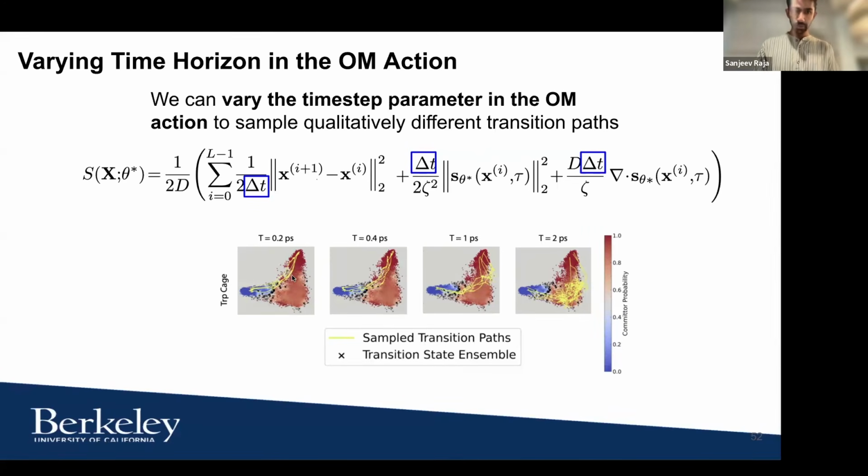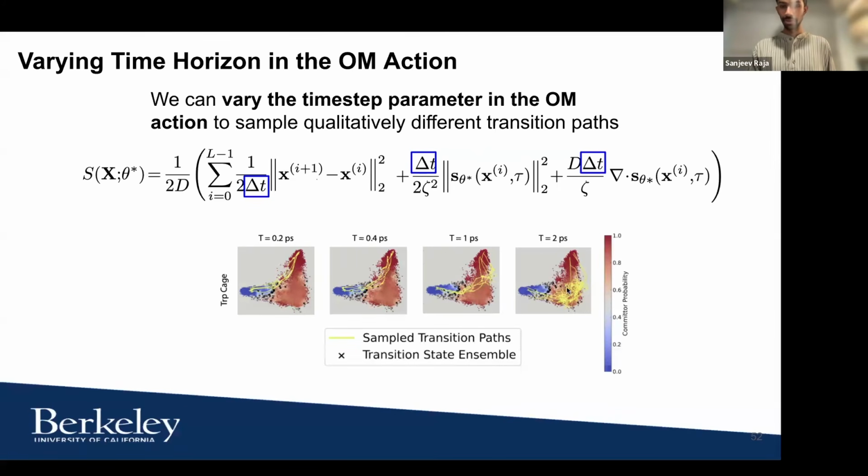If we set a very small time horizon, you're basically telling the model, you need to transition in a very short amount of time. So don't waste time in any energy traps and just go as quickly as possible. Whereas if you specify a larger time, you tell the model that you can spend more time in these energy wells.